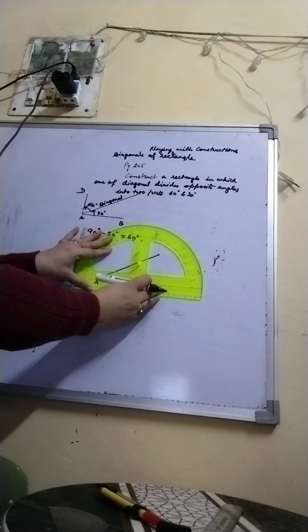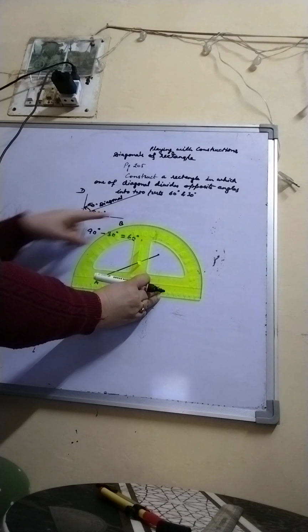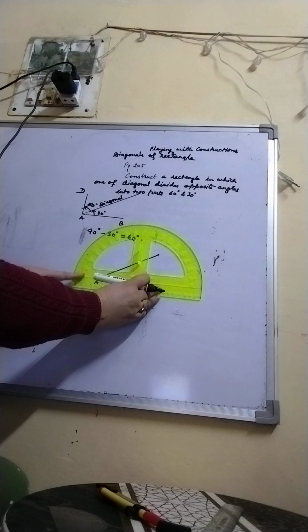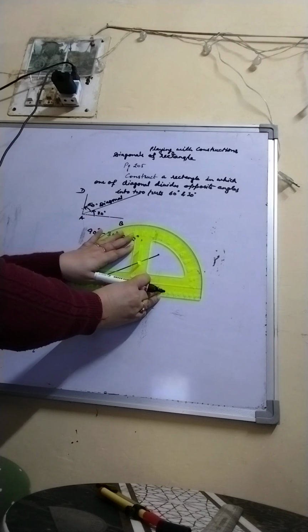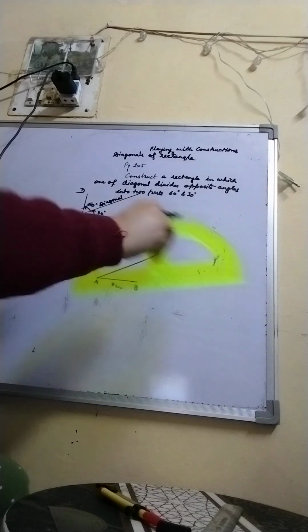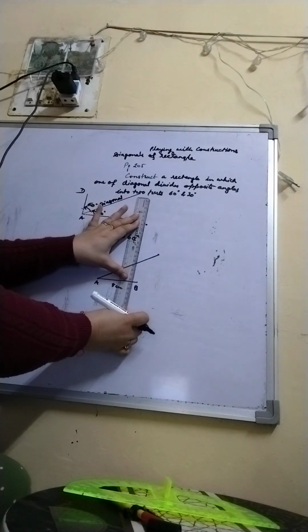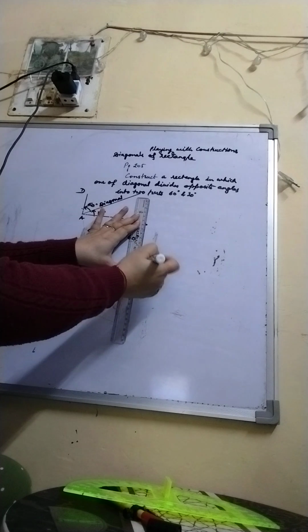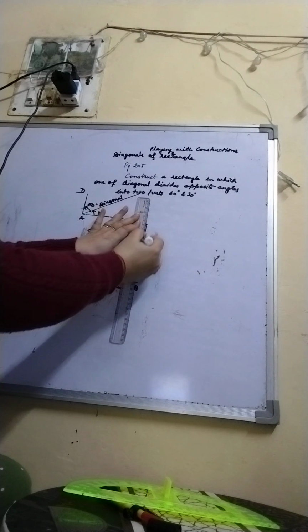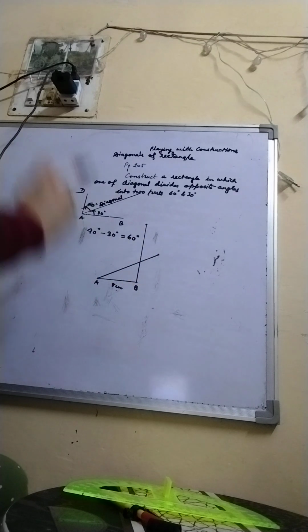So I will put the protractor at the vertex B, align the line with the protractor, and then start from 0 and go till 90. So this is 90. So now I will join the angle B with the 90. So it crosses the diagonal.